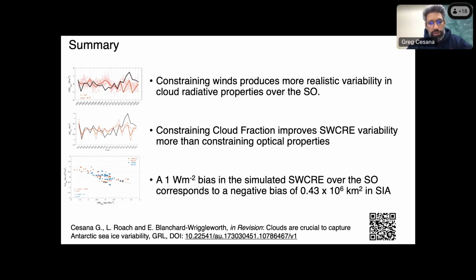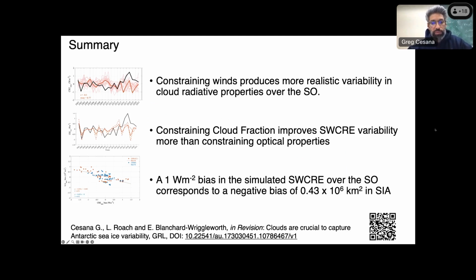So we constrained the winds. We found that constraining the winds produces more realistic variability in terms of cloud radiative properties over the Southern Ocean and sea ice area. Then we showed that constraining the cloud fraction improves the shortwave variability more than just constraining the optical properties. So the cloud fraction is the real problem, it seems, in the models.